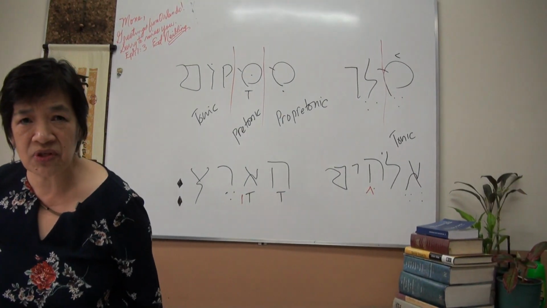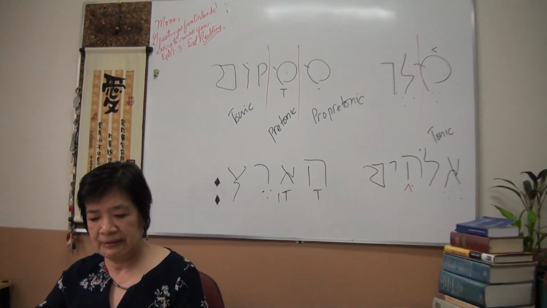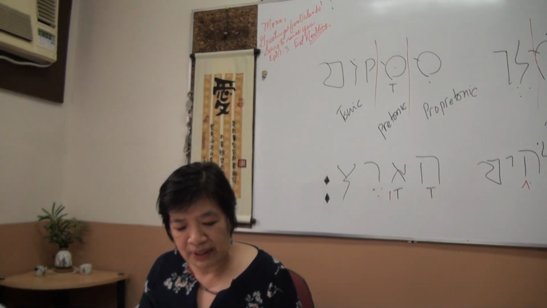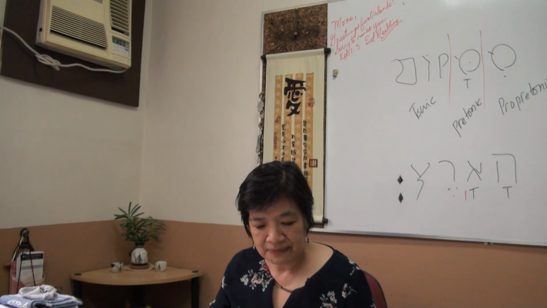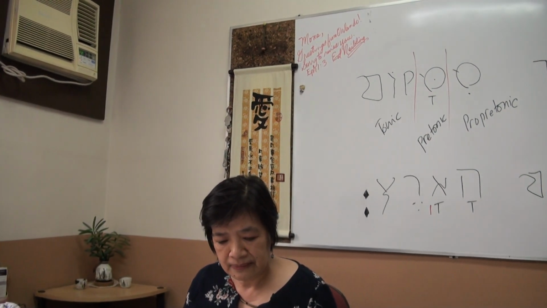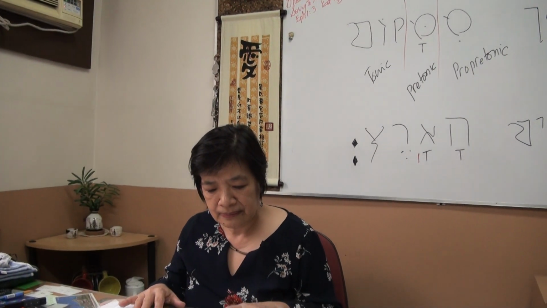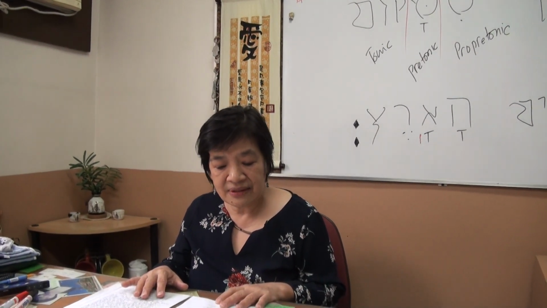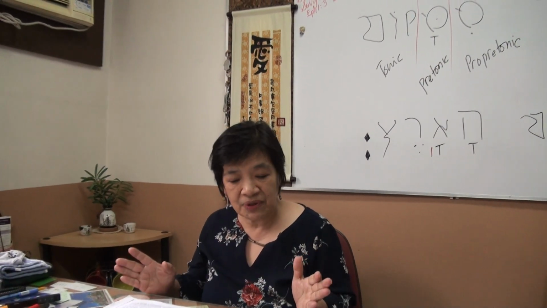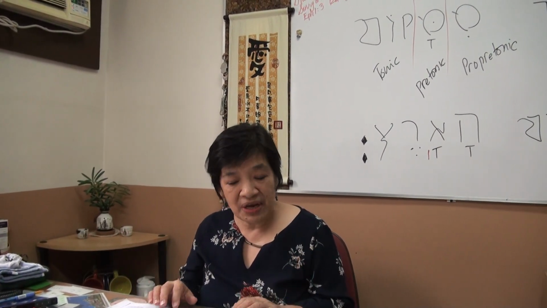What's the significance of accents? Would you like to read that, please? You read number 1 and I'll read number 2. These accents can either connect words together or separate words from each other.